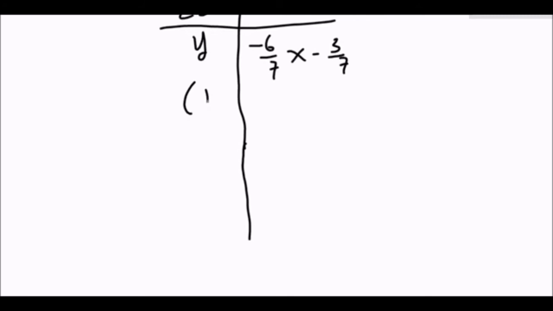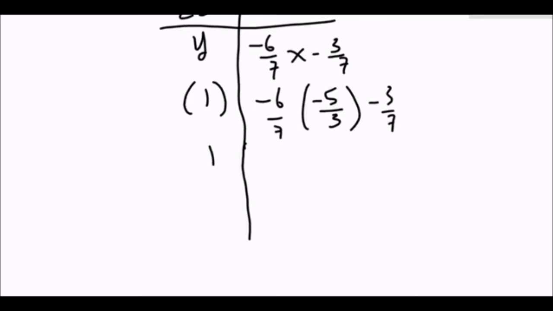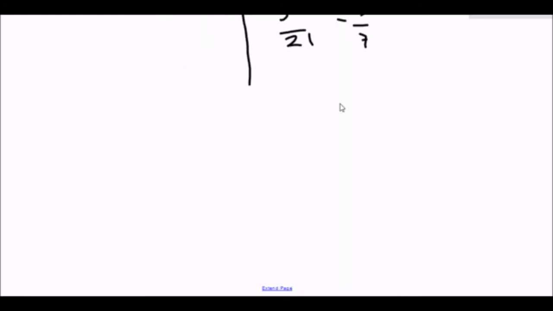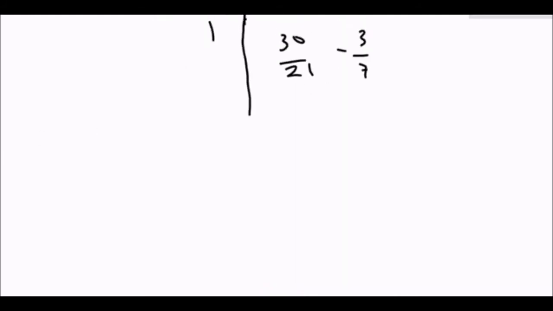So y was 1, that was easy, and x was negative 5 over 3. So on the left, 1, and then I have a bunch of lovely stuff to do over here. So negative 6 times negative 5 is 30, so I get 30 over 21 minus 3 over 7. I'm going to get a common denominator.